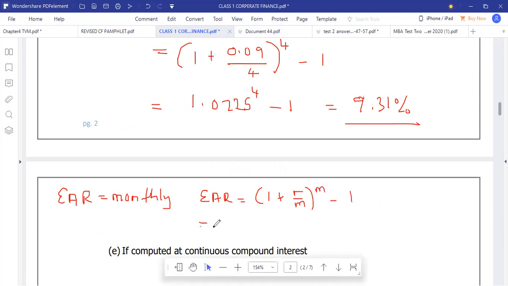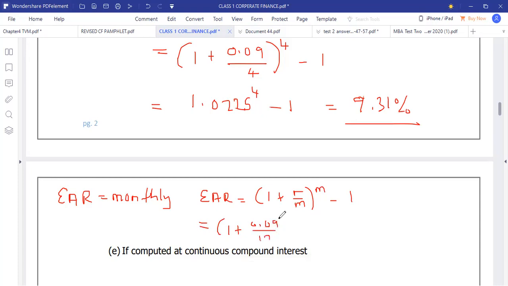So our rate is what? 0.09, divided by M, which is 12. Then here put 12, minus 1.